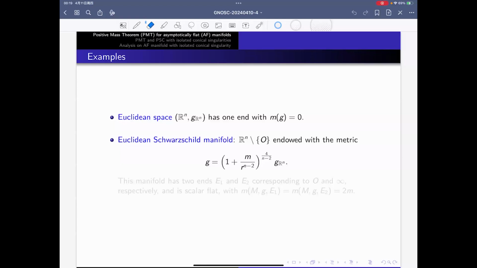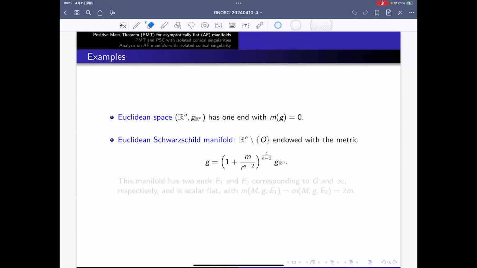So at Euclidean infinity we have an asymptotically flat end, and for r going to 0, the conformal factor blows up. So this conformal factor blows up the origin to an asymptotically flat end.